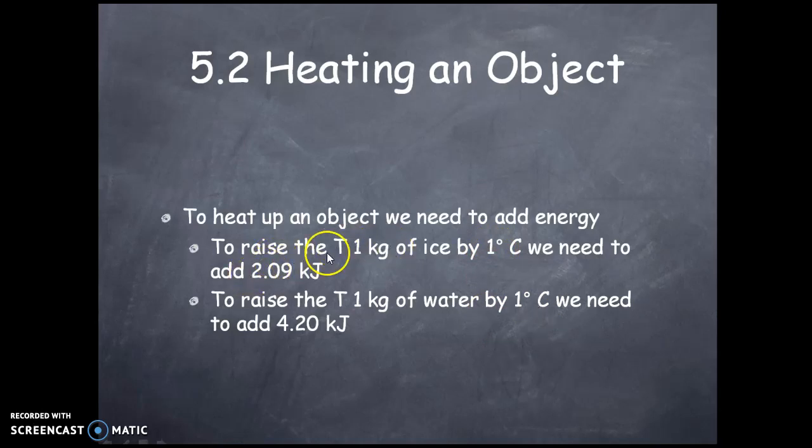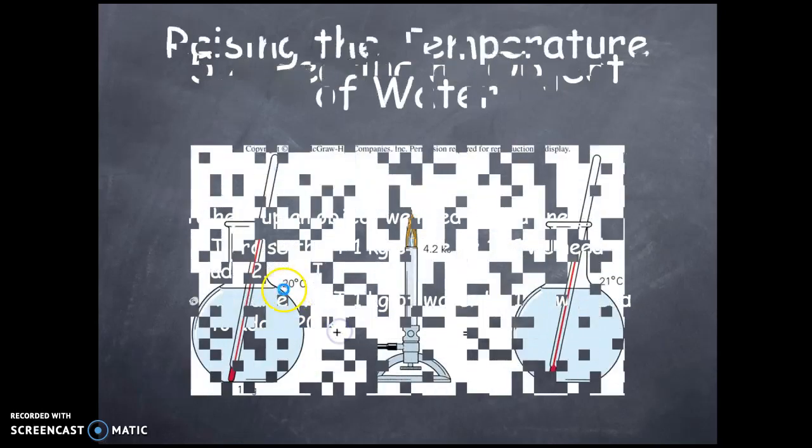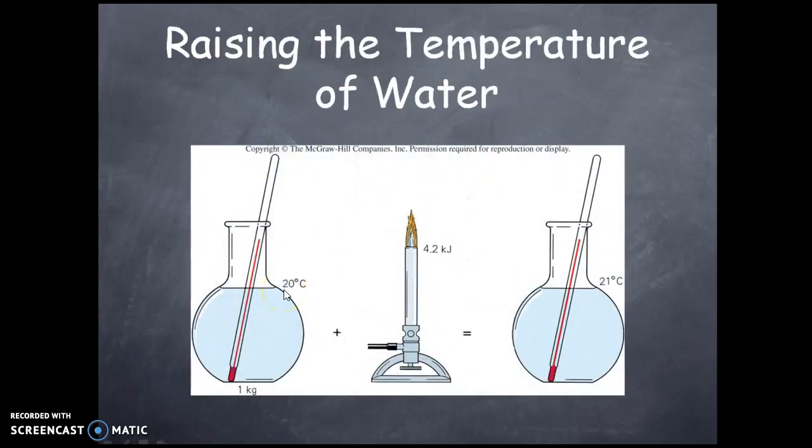But for ice, we are using 2.09 kilojoules of energy, while for water, we are using 4.2 kilojoules. So the amount of energy varies with what material we are trying to heat up.